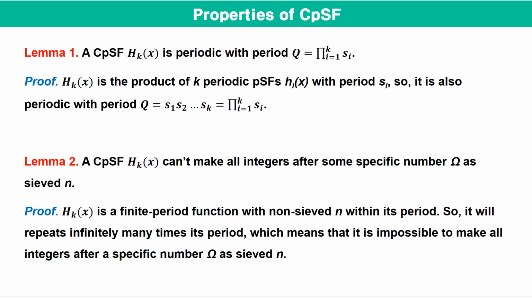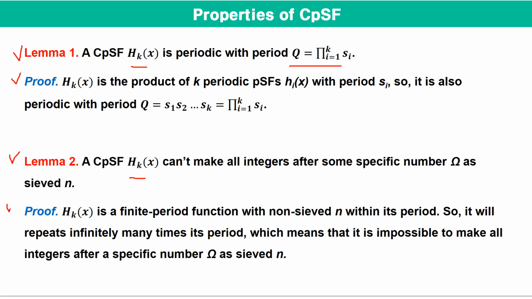Now we have two lemmas, and the first lemma states that H is periodic with period Q. It is so obvious. And the second lemma is that H can't make all integers after some specific number omega sieved n.